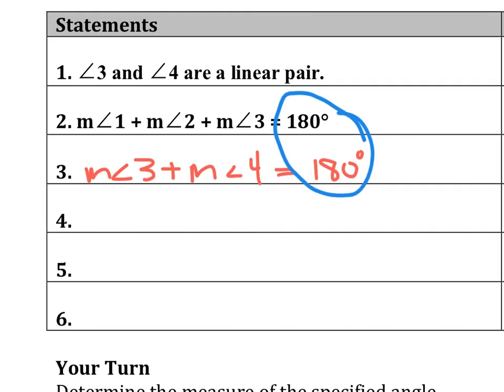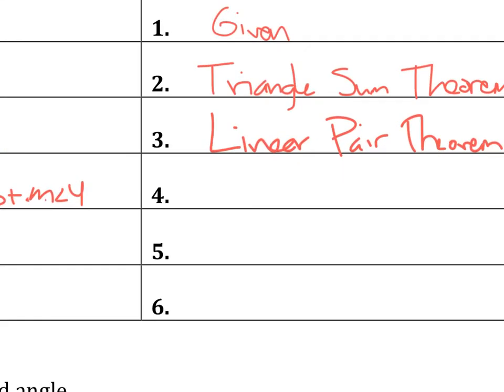So we can write this line from number 2 here: the measure of angle 1 plus the measure of angle 2 plus the measure of angle 3 has to equal the measure of angle 3 plus the measure of angle 4, and that is by our transitive property.